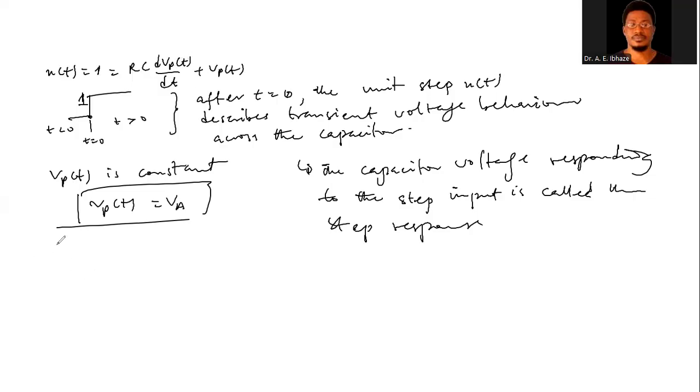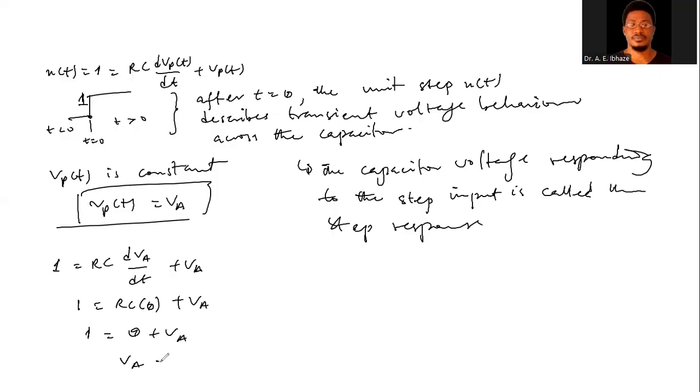it means that U of t, which is 1, will now be equal to Rc, the Va, which is a constant, dt, plus Va. And once we differentiate a constant, it is 0, right? So this is going to give us 1 equal to Rc into bracket 0 plus Va, equal to 0 plus Va.